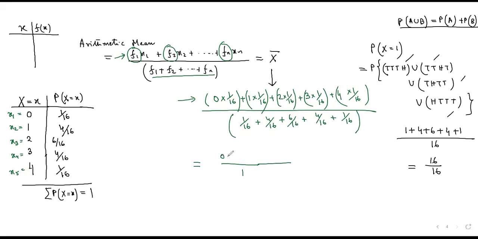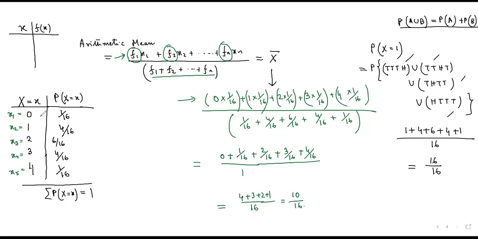So that is 0, that is 4 by 16, that is 12 by 16, that is 12 by 16, that is 4 by 16. And if I add these figures, I will get 32 by 16.